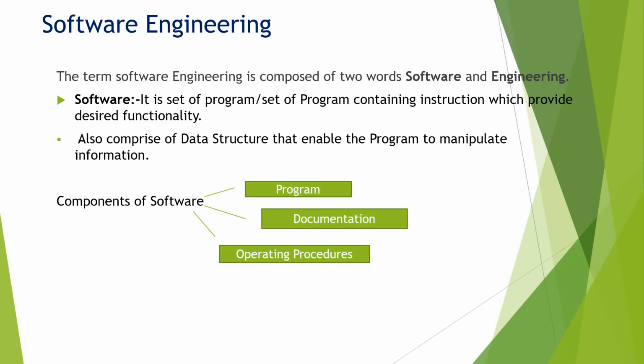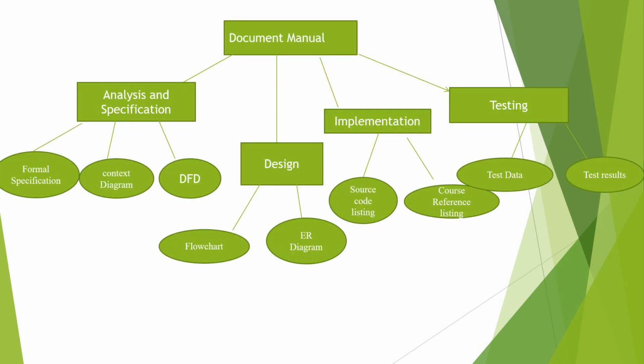So, software is a collection of programs, documentations and operating procedures. Or you can say that the components of software are program, documentations and operating procedure. So, you know about what a program is. Already I have discussed what a program is. A program is a set of instructions.